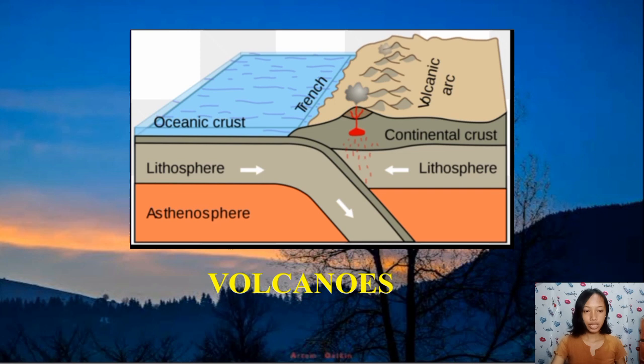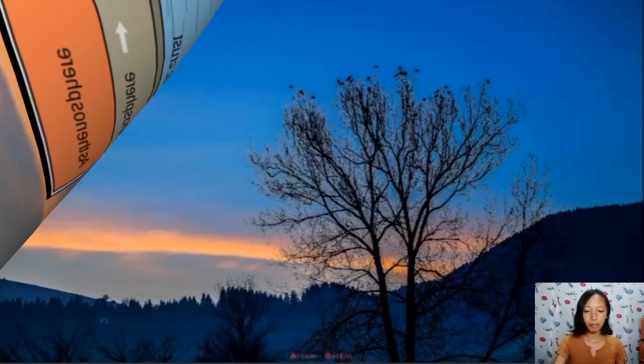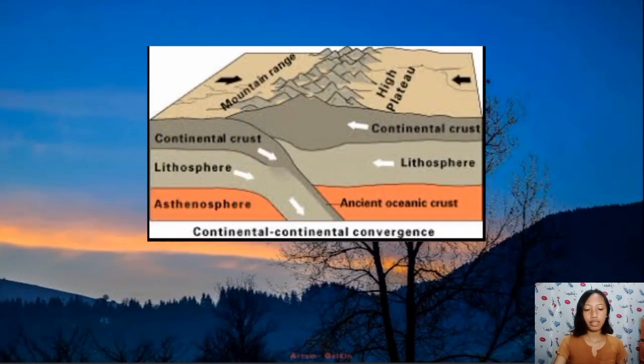And then, next, we have the continental and continental convergence. So, when two continental plates converge, duha ka continental plates converge, a collision zone is formed.